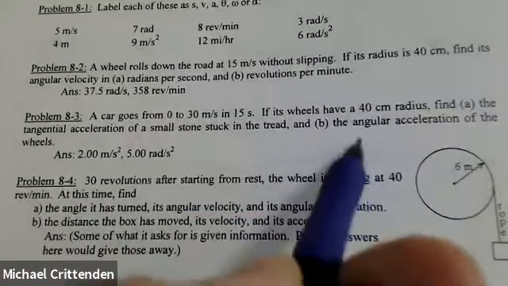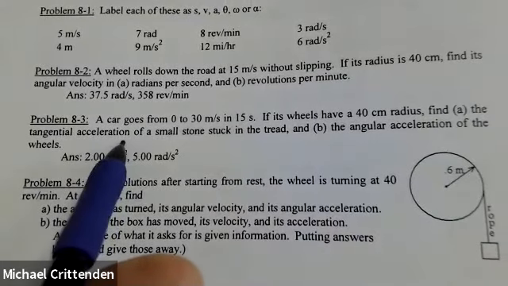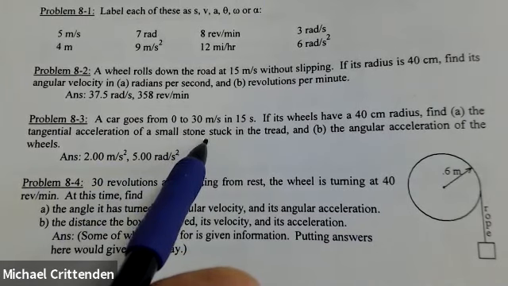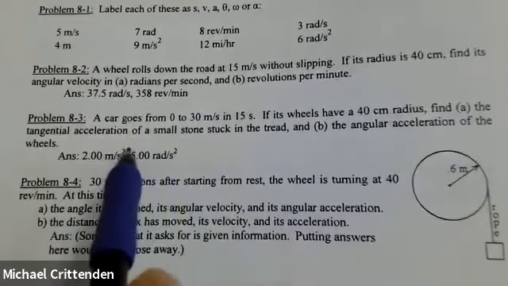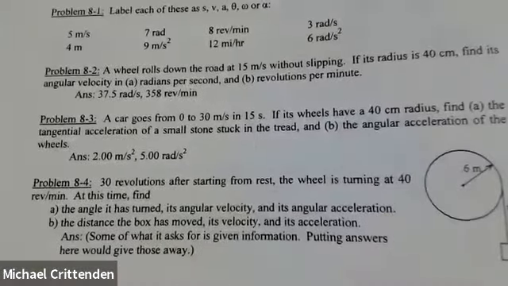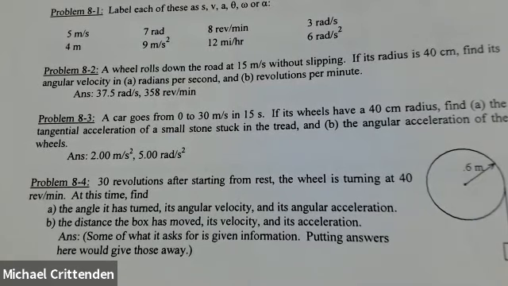So to get part A, find the tangential acceleration of this little stone. That's equal, because the wheels don't slip, there's no skidding going on or anything. This is equal to the acceleration of the car, which there's enough information here to figure out. Once you have the tangential acceleration, you can get the angular acceleration from that. So if you didn't already get it, pause it here and figure those out for yourself.